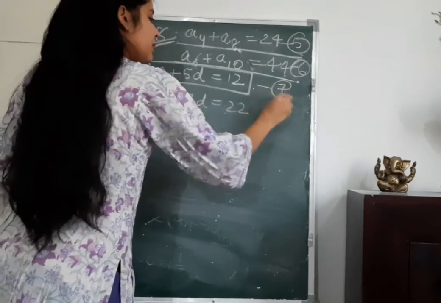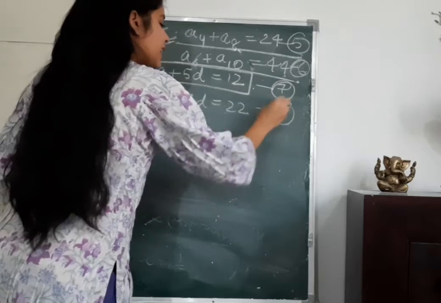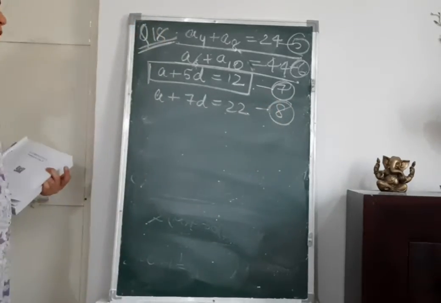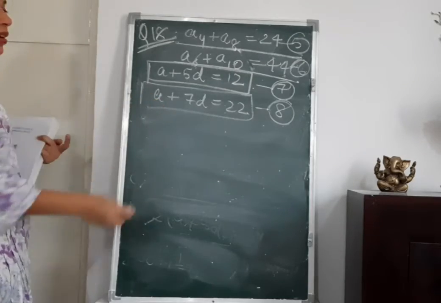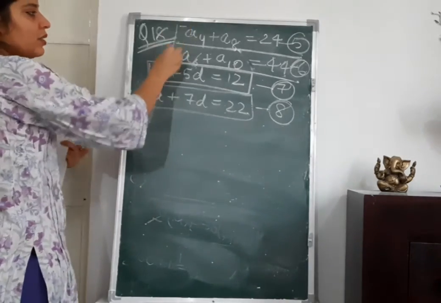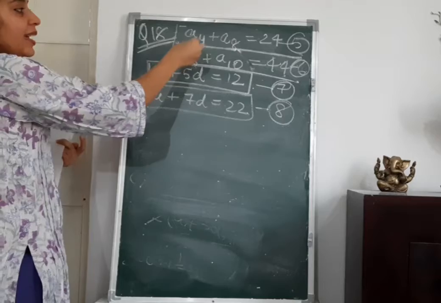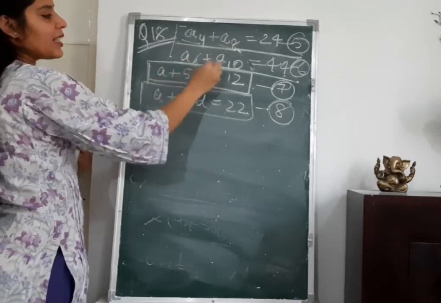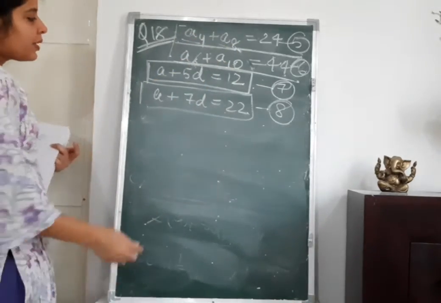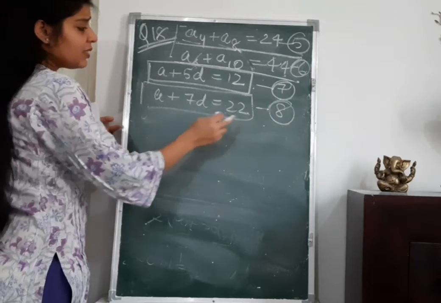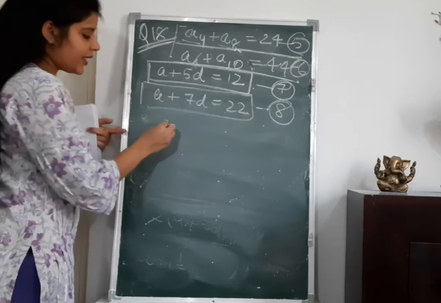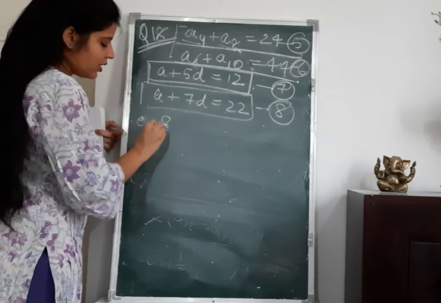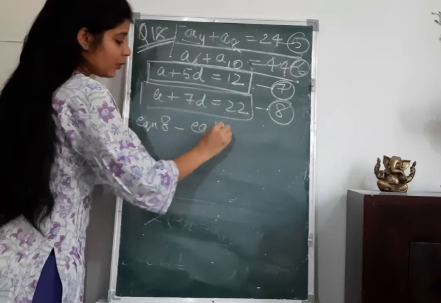Let's take this as equation 7 and take this as equation 8. These are the two equations we have got from the question after putting the values of A4, A8, A6 and A10. So, subtracting equation 7 from equation 8, that is equation 8 minus equation 7.